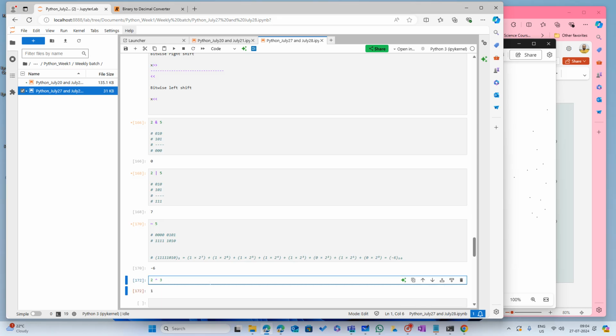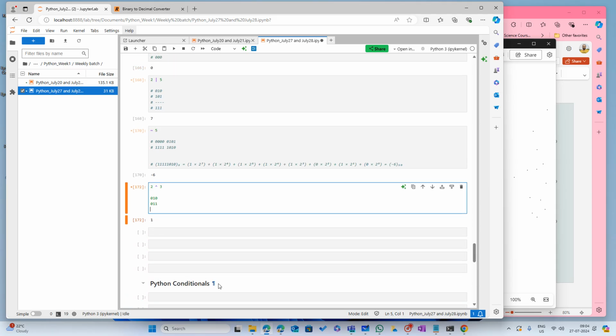So now what is happening here is 2 is 0 1 0, and 3 is 0 1 1. If you have same values, it is taken as false, so it is 0. Again 1 comma 1 is the same value, hence it is taken as false. Again 0 comma 1 is a different value, so it's taken as 1. So that's how you have 0 0 1, which is 1 only.